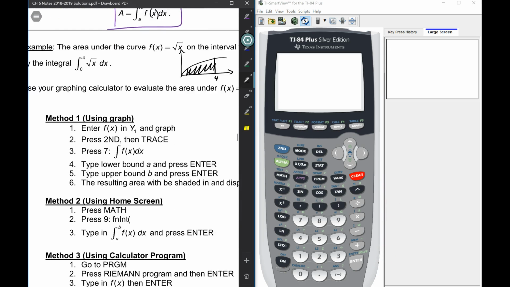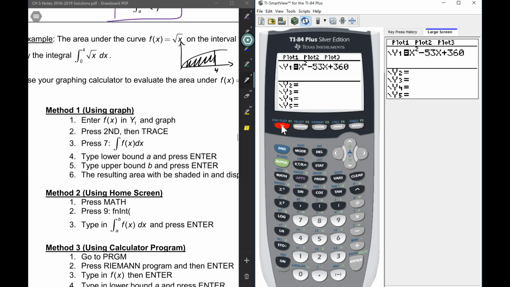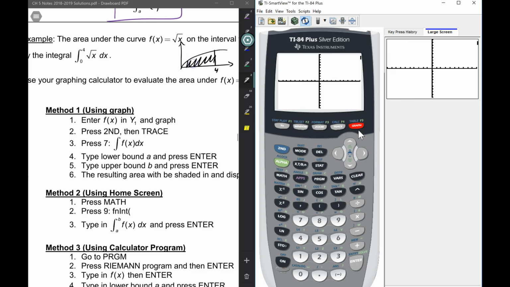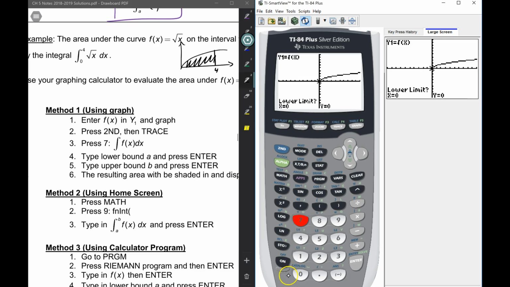Okay, so in f of x, we put in the value, root x. When you graph it, that's what it looks like. Now we're going to do second calc, or second trace, and here you find number 7, the integral.